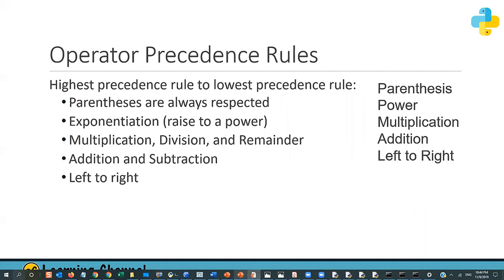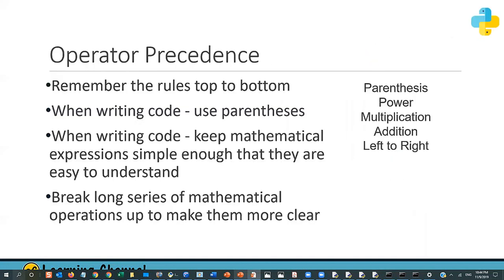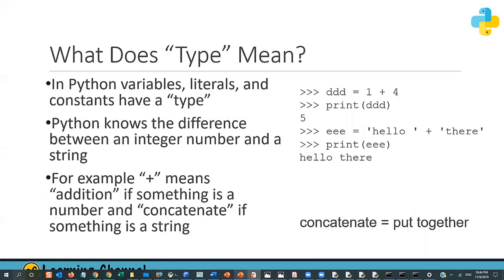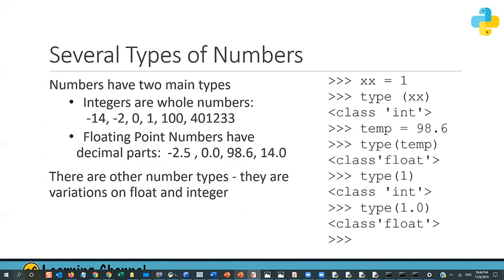So this one I think you are okay. I know you guys are okay with that. Operator precedence, this I think is also okay. Type gives you the type of the object. These are not much different.